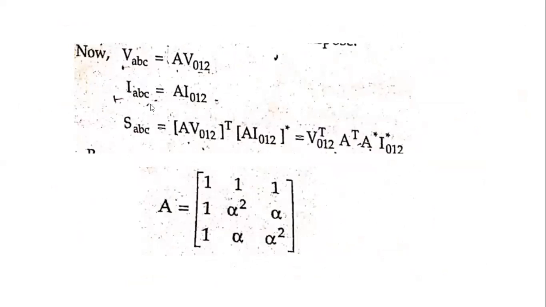Next, this can be converted into symmetrical components. First we convert the voltage into symmetrical components, and then we convert the current. VABC, the normal voltage, will be converted into symmetrical components, obtained as A into V012.